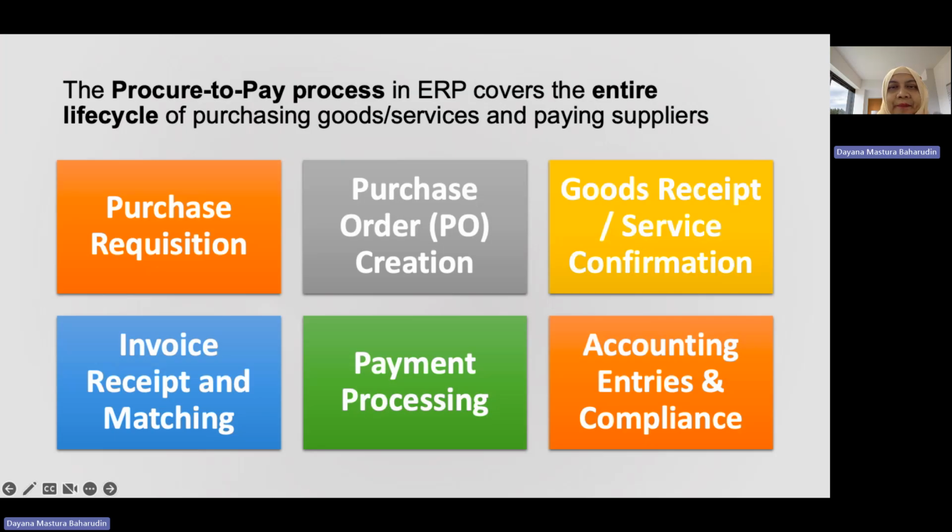and compliance. So basically, if you are a team member of the payables team, you could just be doing only one of these. Imagine, if your company is really huge, one person might be doing maybe two. Maybe one is doing payment processing, and the other is doing accounting entries and compliance.